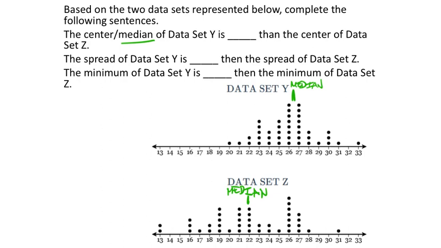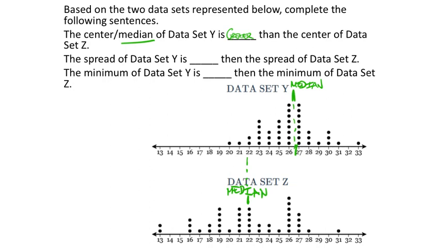Maybe it's not even close, maybe it's just somewhere in this area. I know now that if I compare this median to this one over here, set Y is further to the right than set Z, which would make set Y's median greater than the median for set Z.